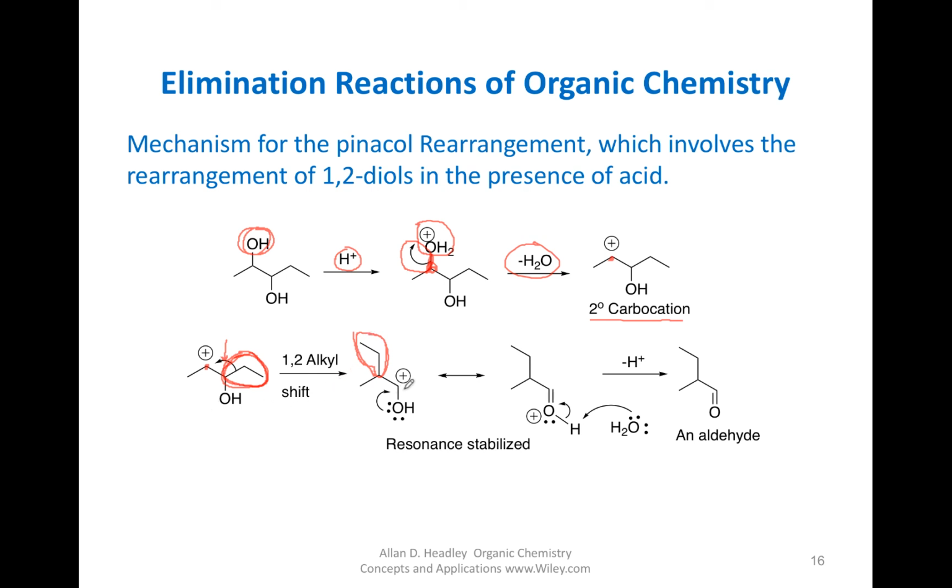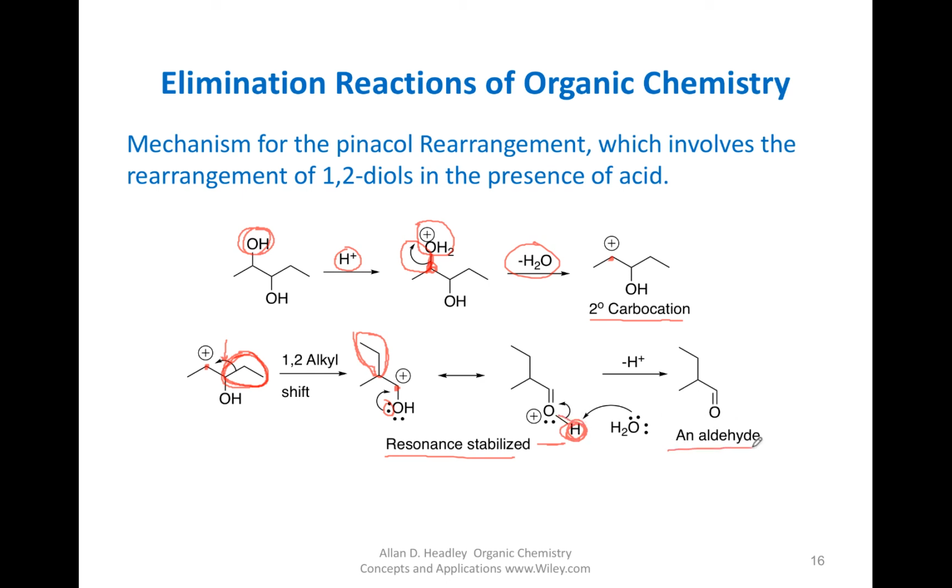So what's left behind is a carbocation right here. This carbocation is very stable because, as you can see, these electrons can participate in resonance to give us a resonance stabilized intermediate.